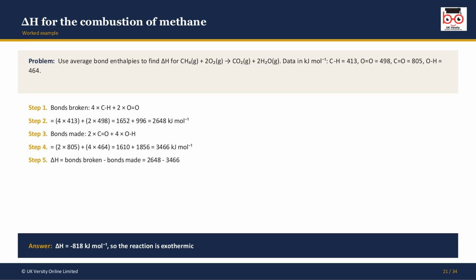That's 2 times 805 plus 4 times 464, giving 1610 plus 1856, or 3466 kilojoules per mole coming out. Delta H is bonds broken minus bonds made, 2648 minus 3466, which comes to minus 818 kilojoules per mole. The negative sign confirms it's exothermic.